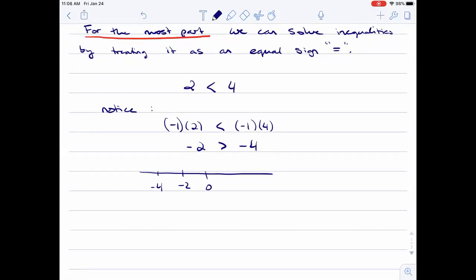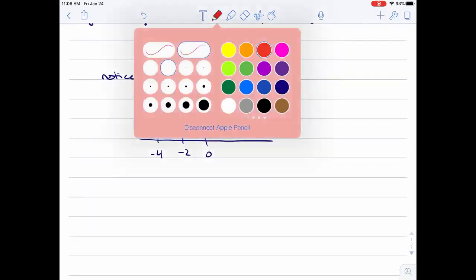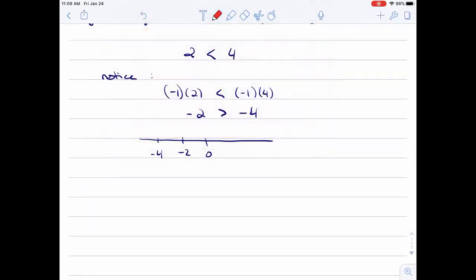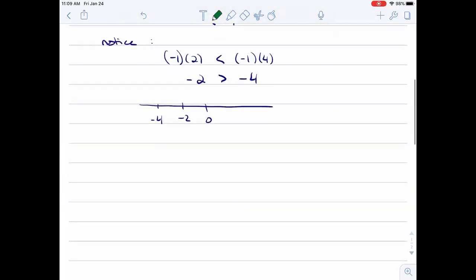So here, if I write it in red, is that too obnoxious? Maybe. How about in green?